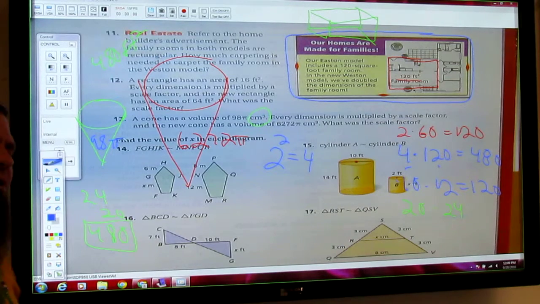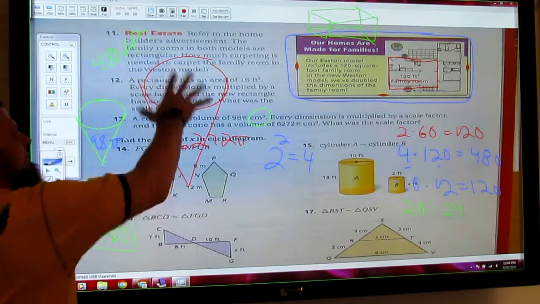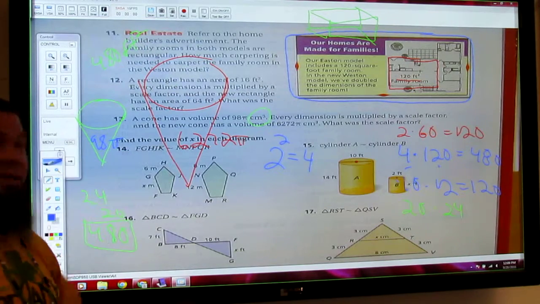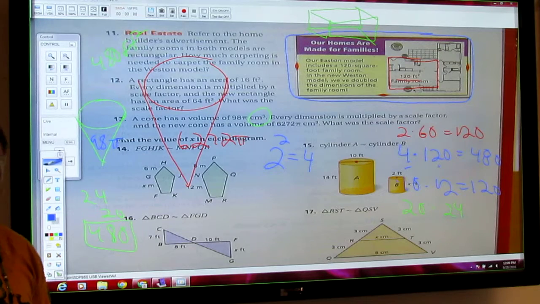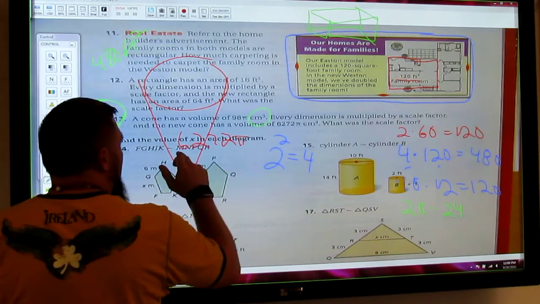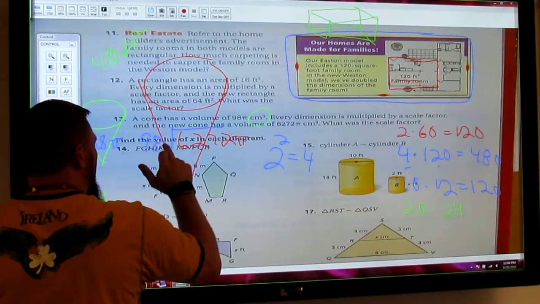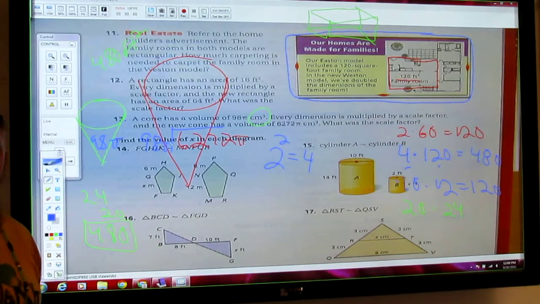Then how are we going to figure out how many times bigger this cone is than that cone? Well, we figure out how many of these go into that. So we take out a calculator, and we divide this by this, right? And what do we get?